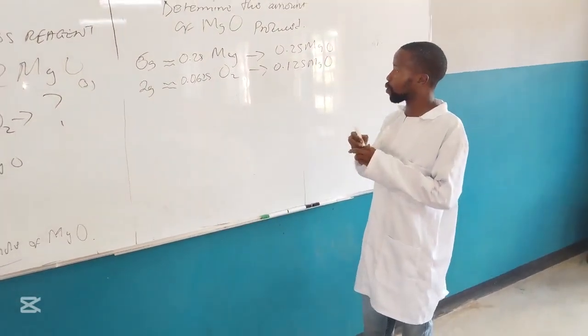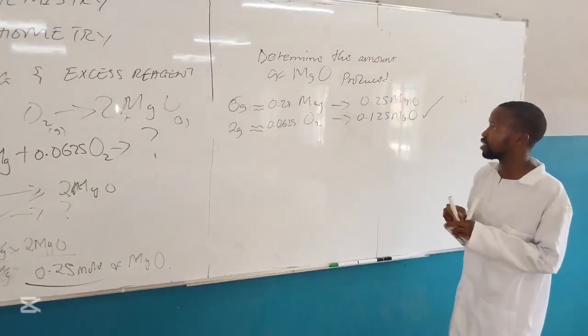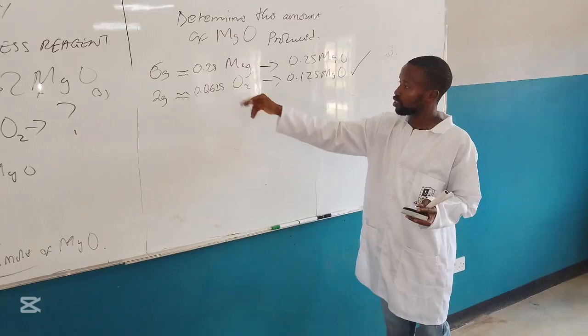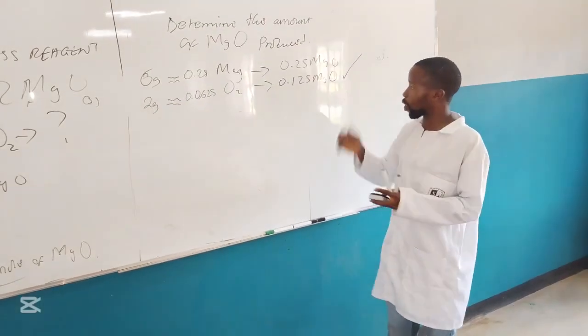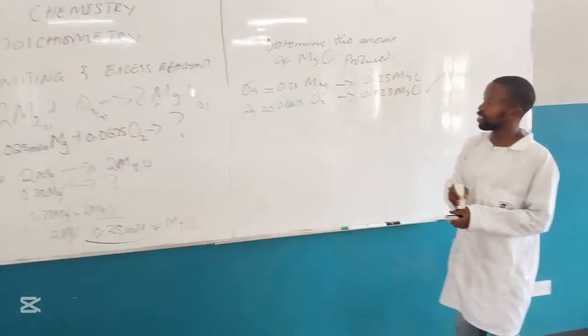We have said this one is our limiting reagent. So the one that will determine the amount of magnesium oxide produced will be oxygen, since it is the limiting reagent.